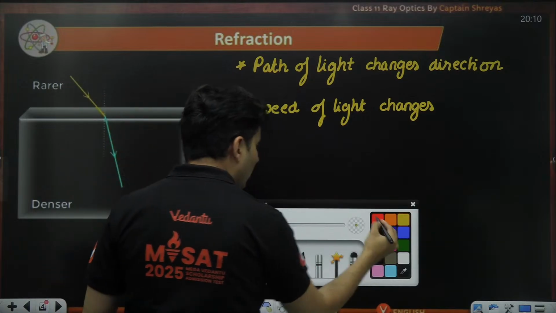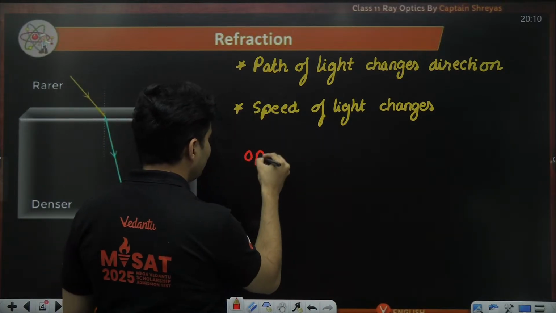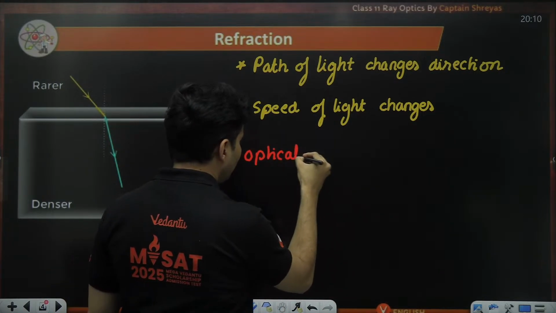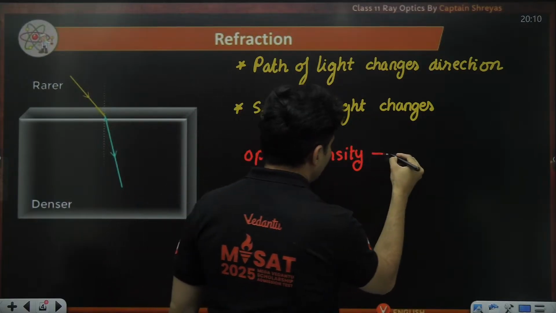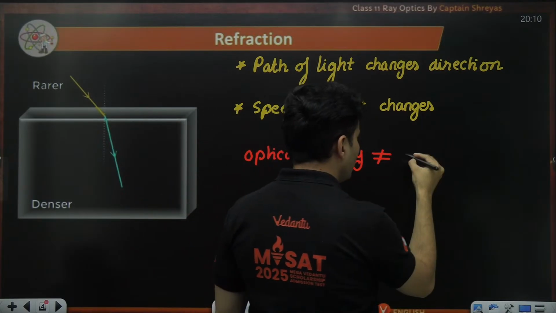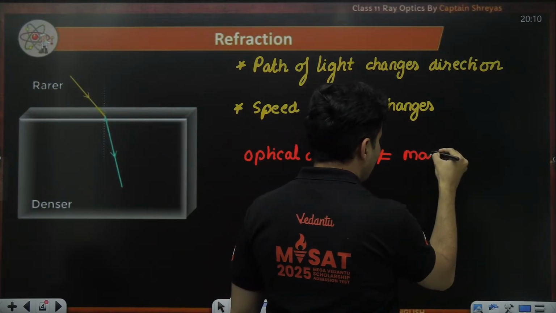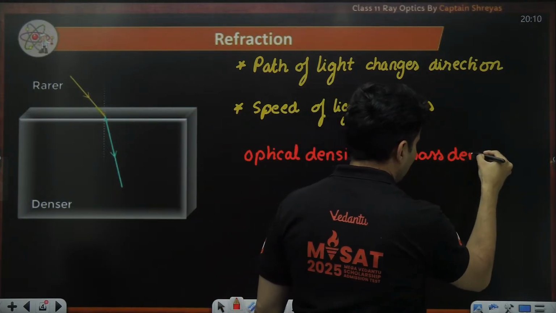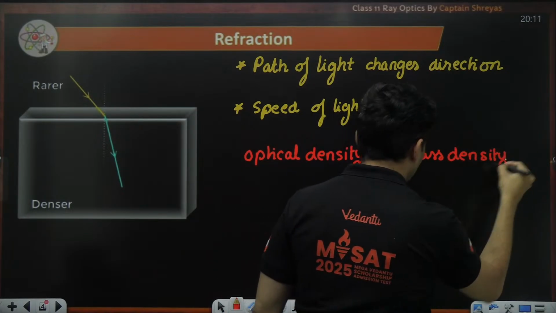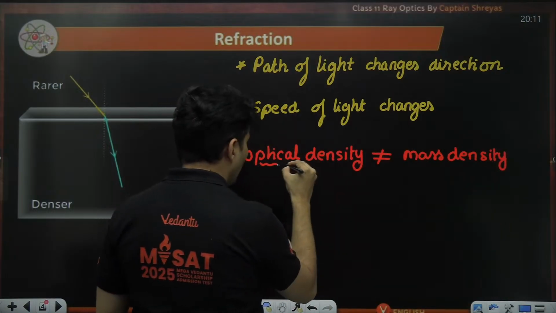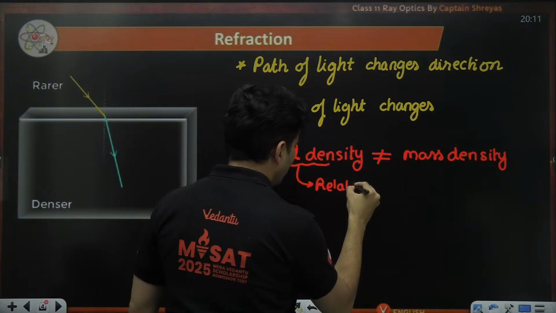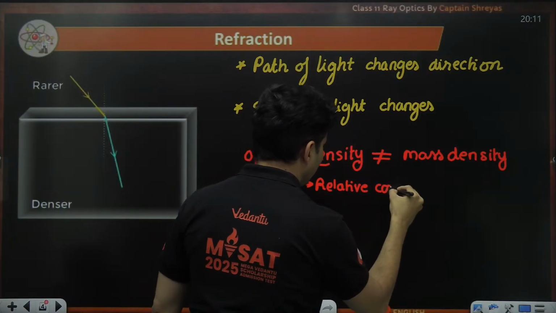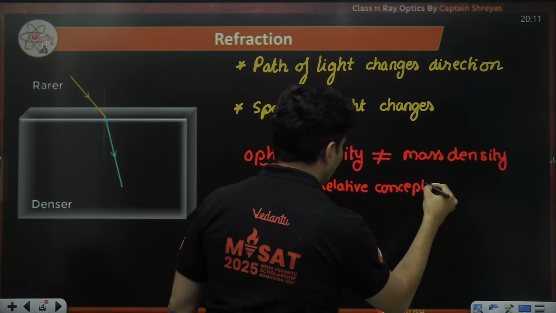Okay. So I'm also mentioning that optical density is not equal to the mass density. Keep that in mind. In fact, this optical density is just a relative, qualitative concept.